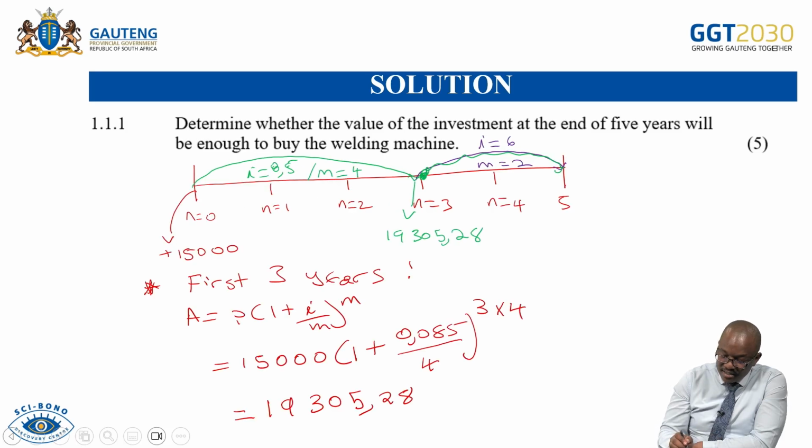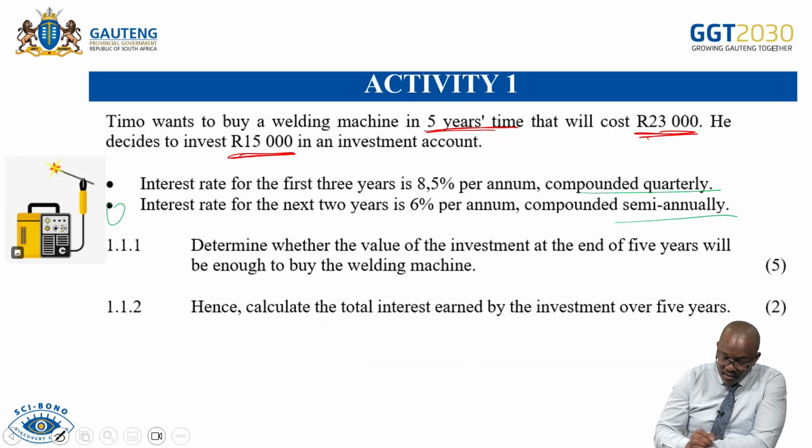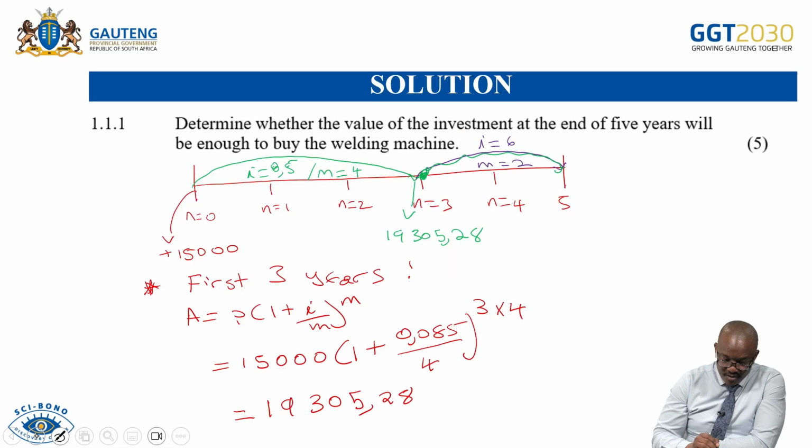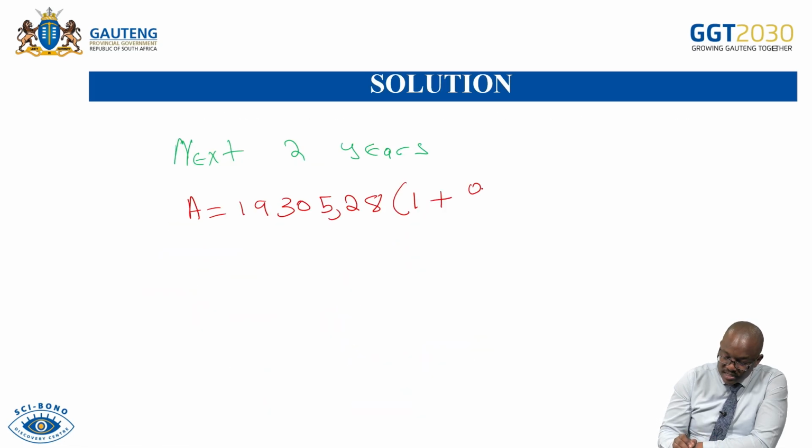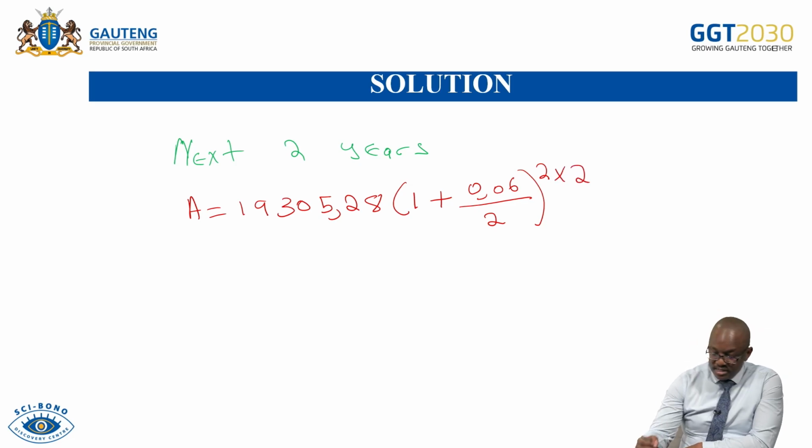Remember now our interest changed. The interest changed to 6% per annum compounded semi-annually. So now it's going to be 0.06 all over 2 to the power of 2 multiplied by 2 because it's the remaining 2 years.